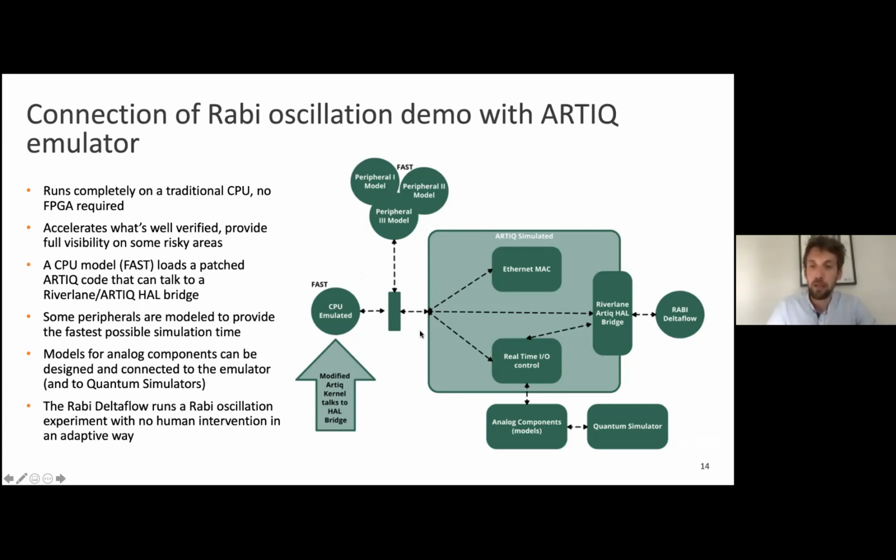What's inside this ARTIQ simulator is basically the quantum path, the path of the control that is driving the quantum digital analog components. And we have this hardware abstraction layer bridge that is used for connecting all the Deltaflow graph that you can think of and everything that is supporting the hardware abstraction layer specifications.